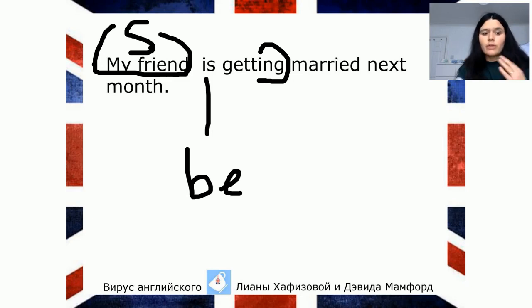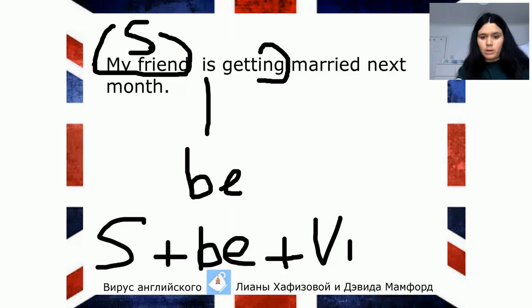So the form for the present continuous, as you know, is the subject, the verb to be that you change depending on who is this, and then a verb with ing ending. Done. That was the present continuous.